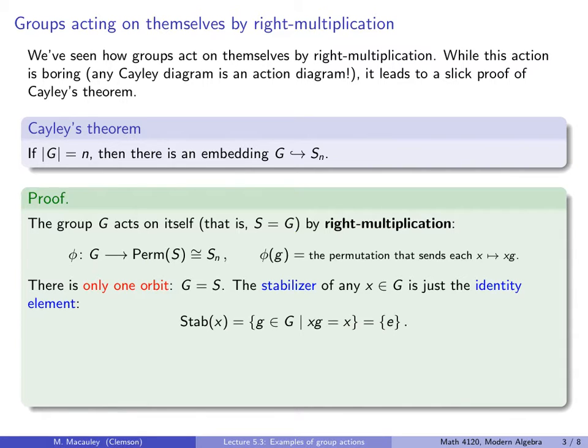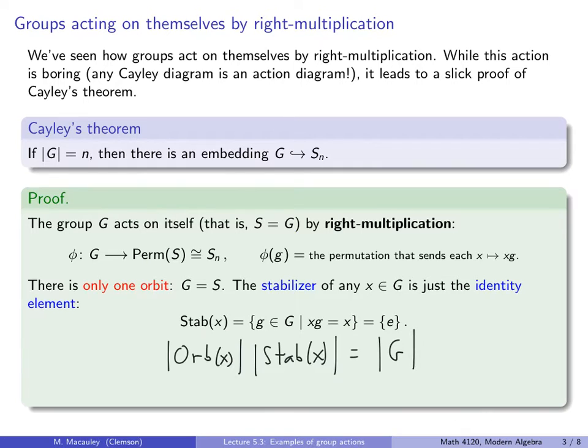You can also deduce this from the orbit stabilizer theorem too. Remember this? That says that the size of the orbit of x times the size of the stabilizer equals the size of the group.